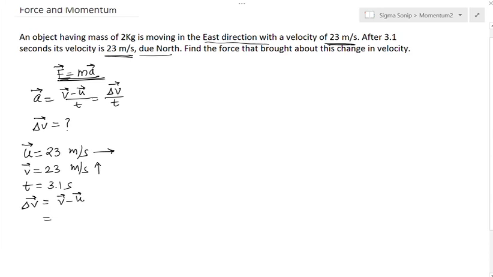Now, if you recall from the very first video, I can write v minus u as v plus minus u. So I need to add the vector v with the reverse of the vector u. Let's draw those vectors first.